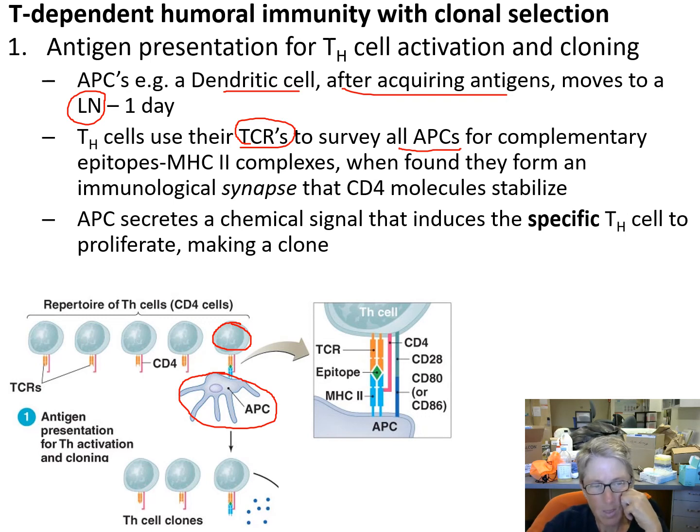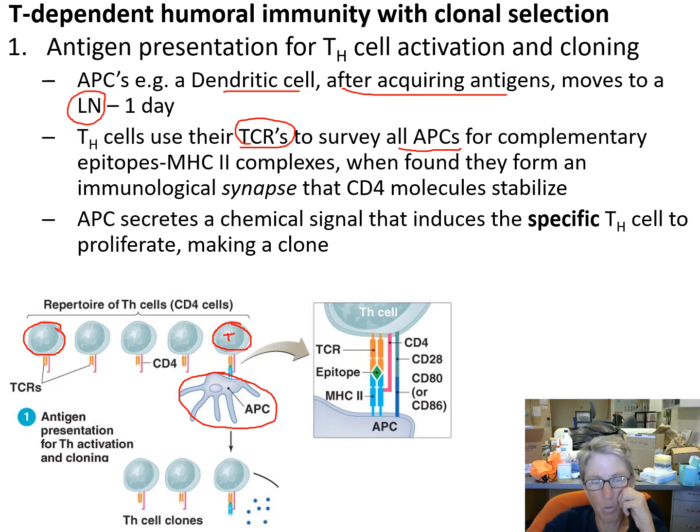So that means these T cells here took a shot at binding to this MHC2 epitope complex from the antigen presenting cell, but it didn't happen. They didn't hook up. Only this T cell was able to specifically recognize the epitope in the MHC2 complex.